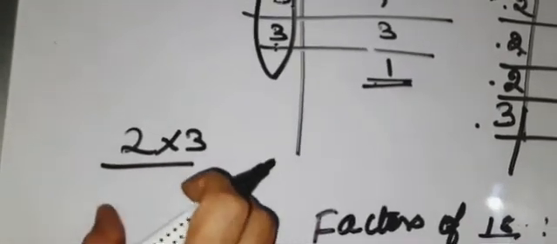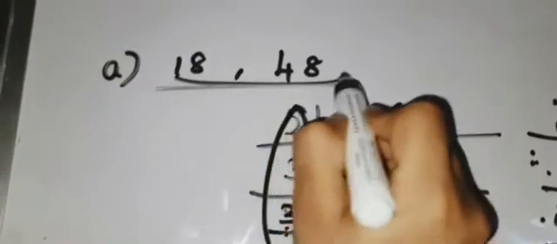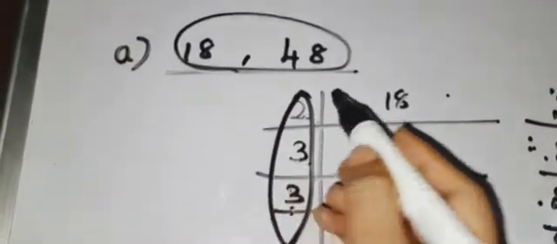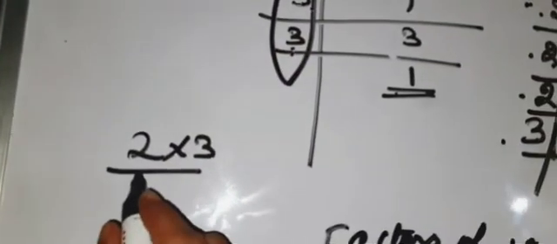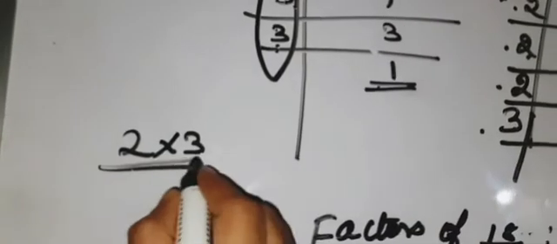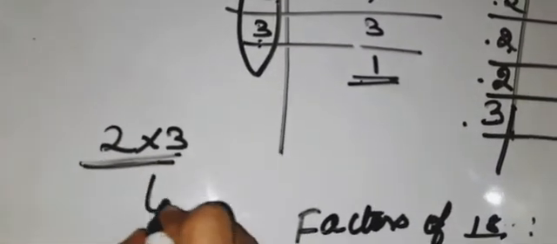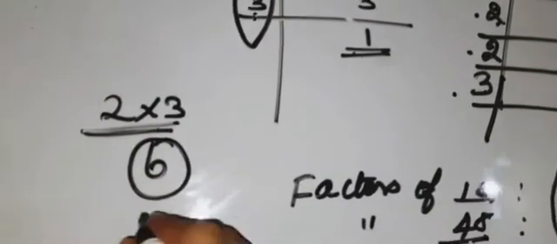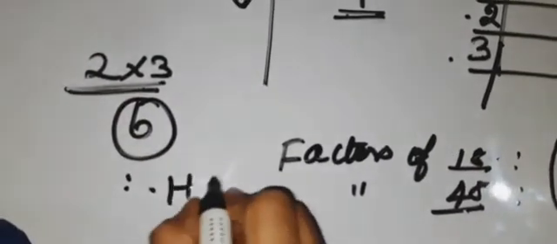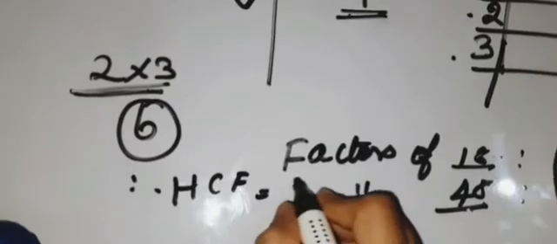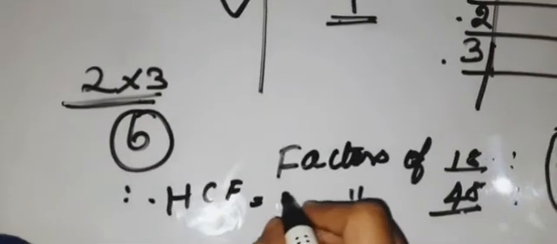So the product of 2 and 3 is 6. This is the highest common factor of the given numbers 18 and 48. So the HCF of 18 and 48 is 6.